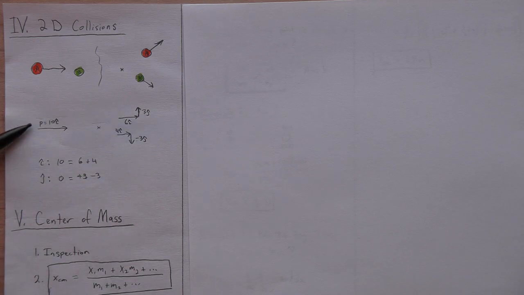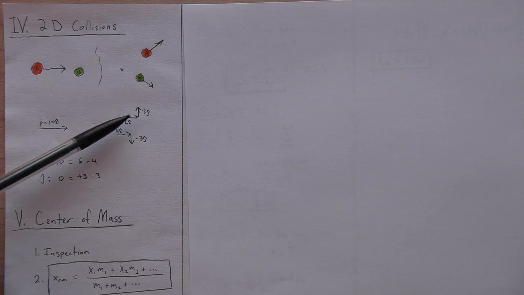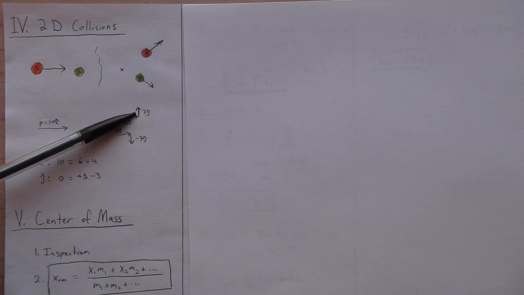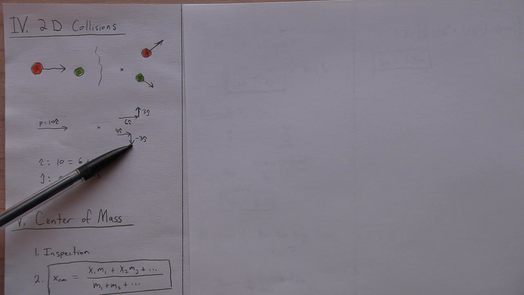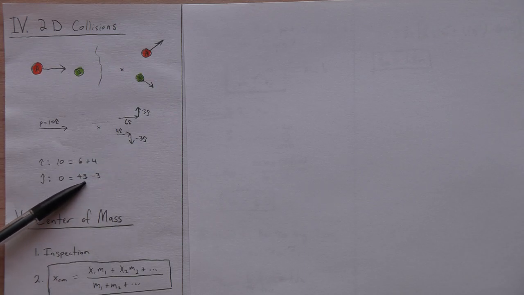In the Y direction, before, we had no momentum. If this ball suddenly ricochets up with 3 units of momentum in the Y direction, this one has to ricochet down with -3. So we have 0 equals +3 minus 3, or plus -3. We have 0 before and after. P is conserved in both dimensions.